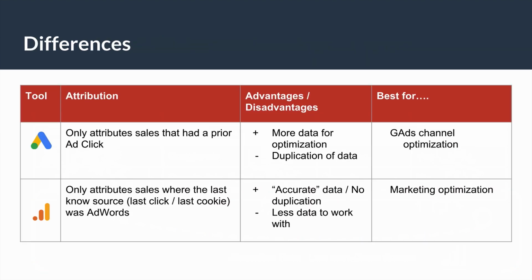The advantage of Google Analytics in that case would be that you have more accurate data because you don't duplicate data. It's only attributed to one source, so you can also attribute cost to just one source. Generally, when you do marketing optimization, you want to attribute one source to one sale and then split up your budget, for example.